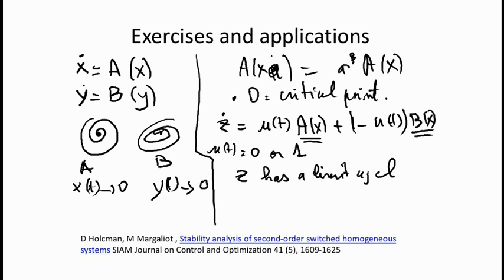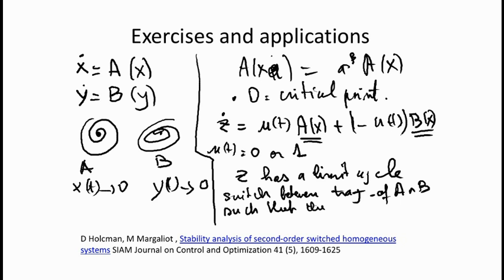That is, by doing a clever choice of u of t, you can switch between trajectories of A or B, such that you do not converge anymore to 0, but you stay such that the trajectories do not converge to 0 and they do converge to a limit cycle.